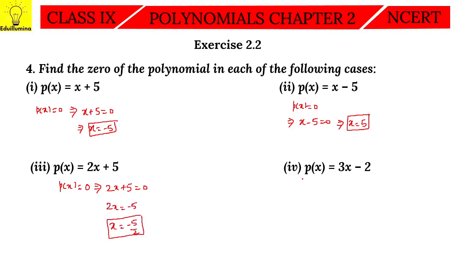And fourth one, p of x equal to 3x minus 2. So again putting p of x equal to 0, so 3x minus 2 equal to 0, which implies 3x equals to 2. So x equal to 2 by 3. So x equal to 2 by 3 is the 0 of the given polynomial.